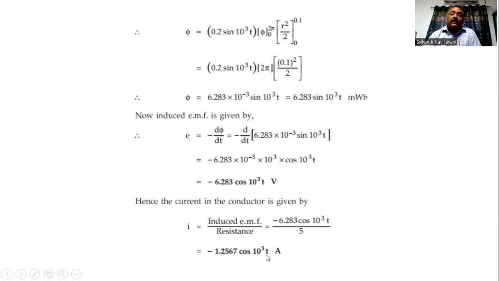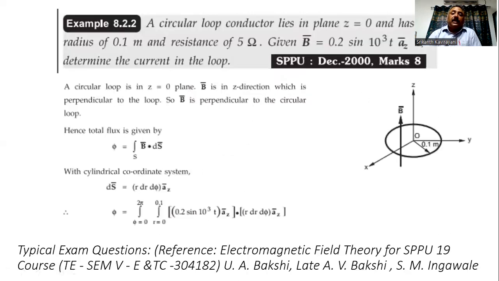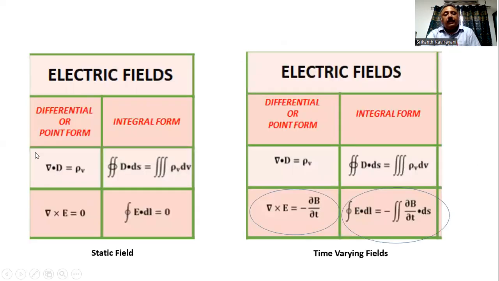So this is another typical problem that we encounter with this kind of concept. Going forward, two important things that we have understood in this lecture: we are talking about the differential form and the integral form of the electric field in static environments.